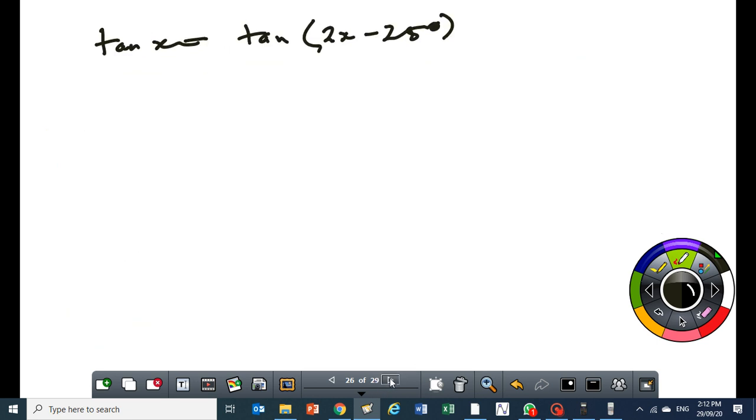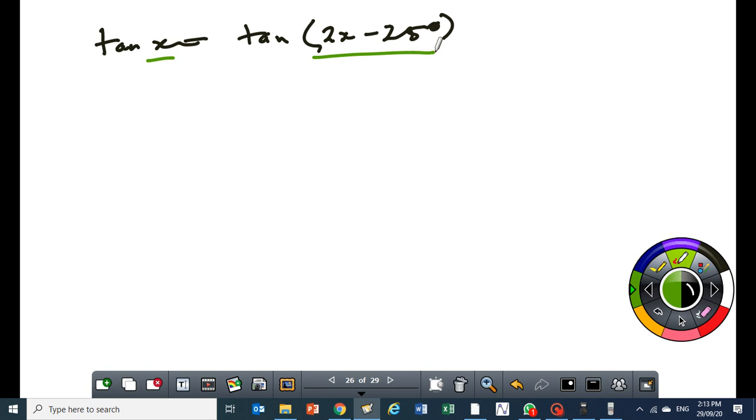So from here, since we have got x here, we have got 2x minus 25 degrees. By now we should know that tan 2x minus 25 is a ratio. But because we don't know x, it means that x is going to be equivalent to 2x minus 25, because on both sides we have got tan.